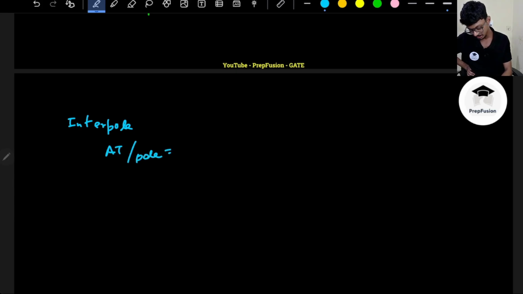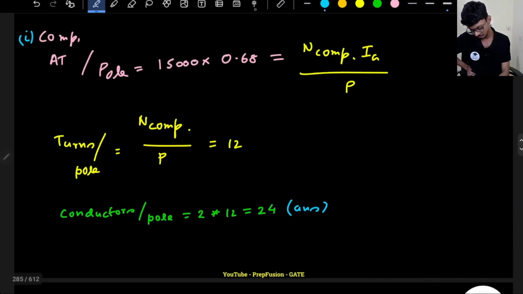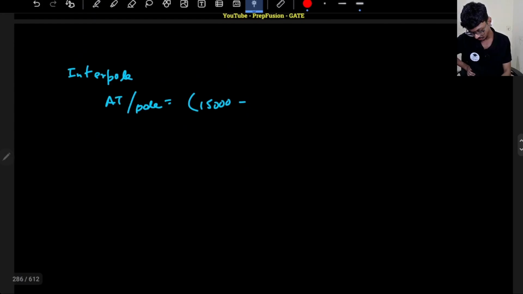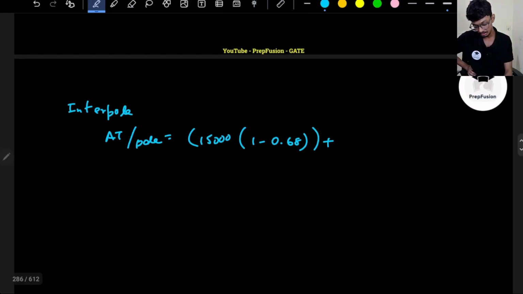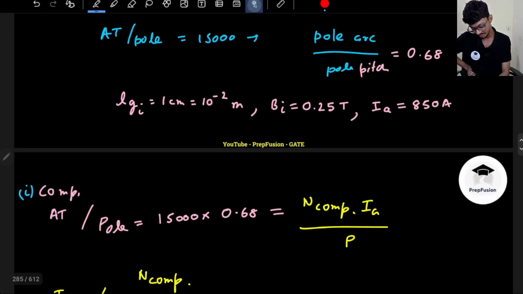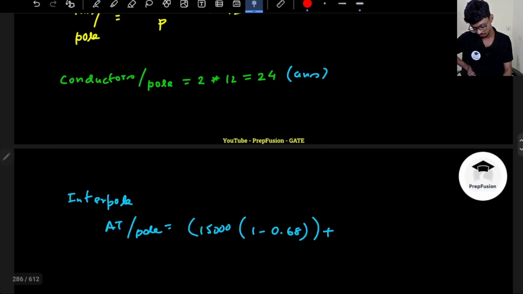It will be this 15,000 minus whatever the compensating winding was producing. So basically 15,000 into 1 minus 0.68. This is the remainder that the interpole has to compensate, plus the flux density along the q axis, which the interpole also has to nullify.